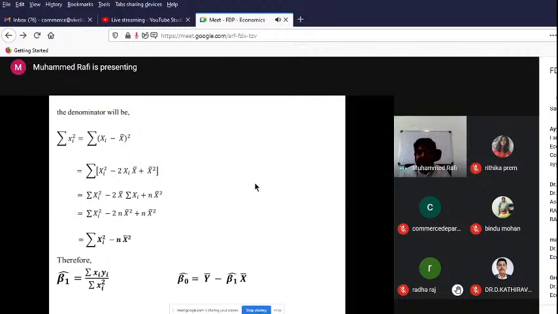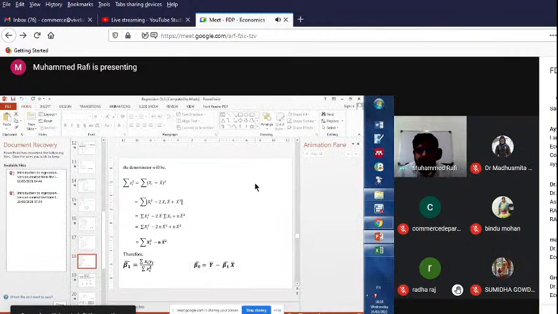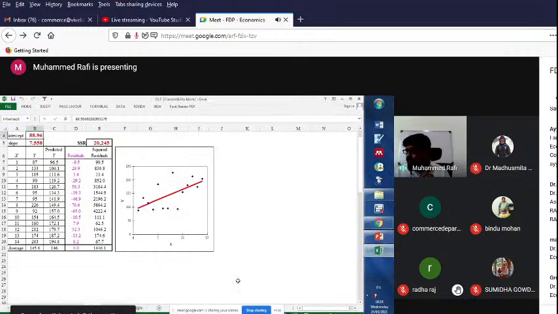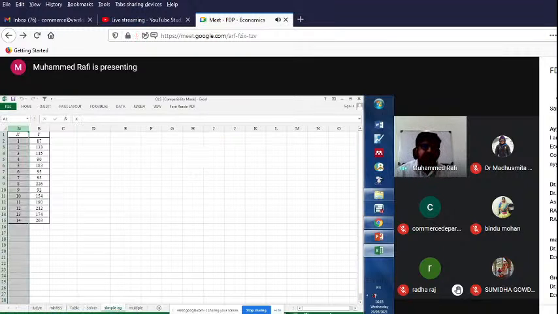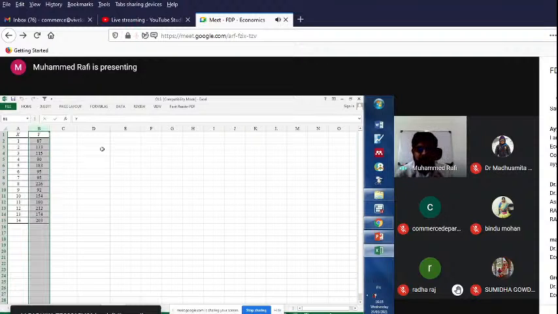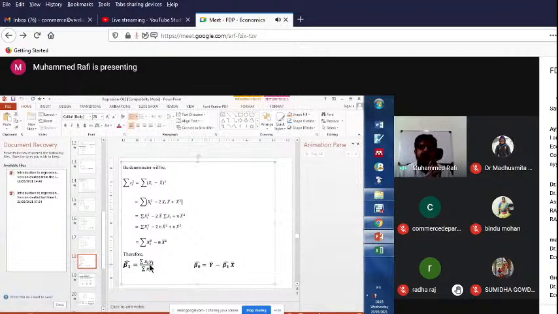Now, this will give you the best fit line. So I'll use these equations to find out the value of beta 0 cap and beta 1 cap. So here we have the independent variable x and the dependent variable y. When you go for this equation, you can estimate the value of beta 1 cap, which is sigma xi yi divided by sigma xi square.